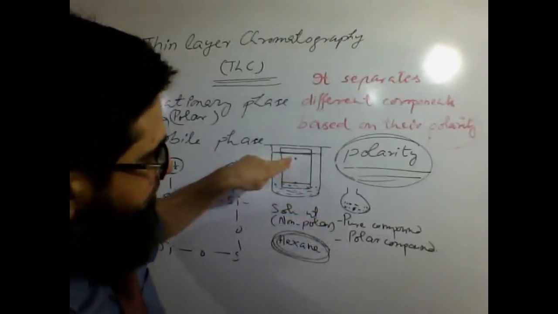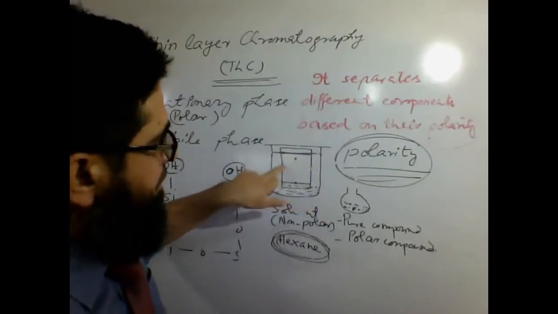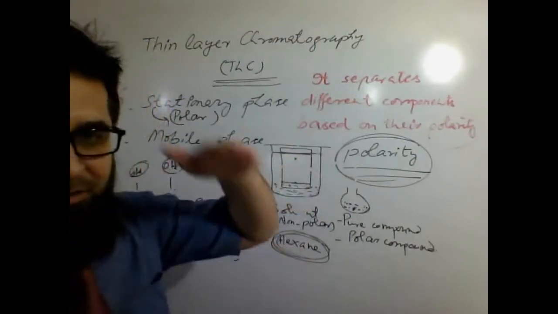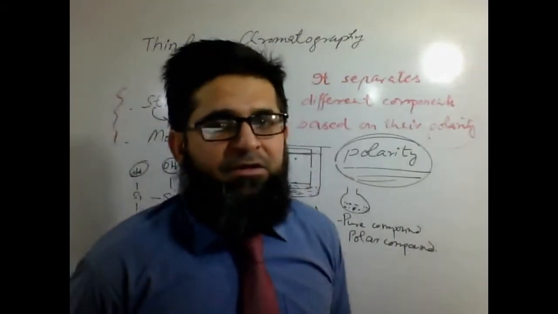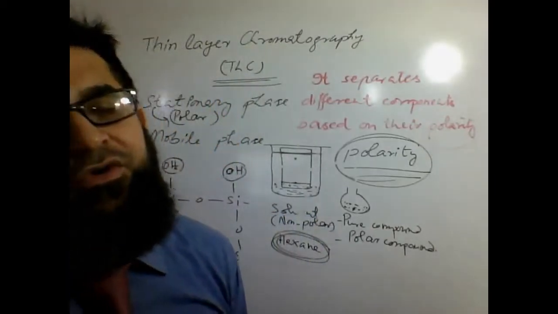If I find a spot higher than its middle area, higher than its half area, then I can assume that the given compound is some sort of non-polar.